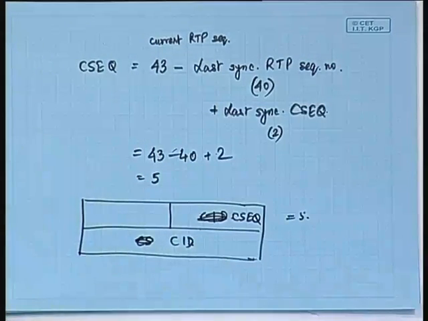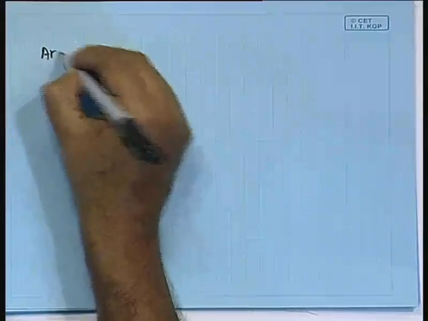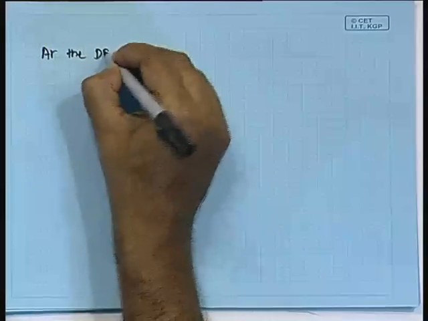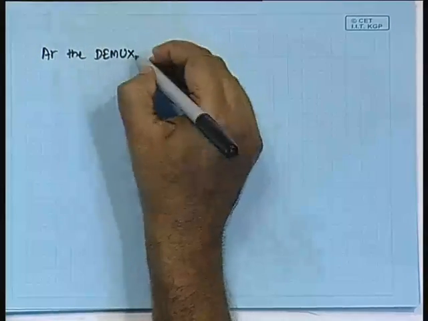Now the demultiplexer receives this C sequence value, but it does not know what the RTP header is. So, when the demultiplexer receives a C sequence value equal to 5, it has to reconvert the RTP sequence number accordingly. At the demultiplexer it can form the RTP sequence number easily.